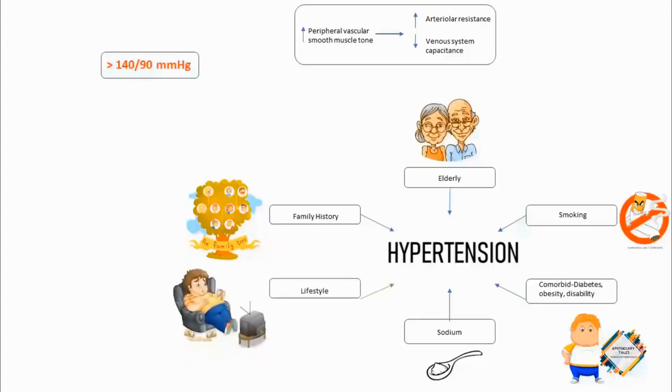That is, less physical activity or the habit of having more junk foods. All of this could contribute to the development of hypertension. So these are the main risk factors that would cause the development of hypertension. Once again, that is the elderly population, smoking, comorbid conditions such as diabetes, obesity, disability, then high sodium intake, lifestyle, and family history.